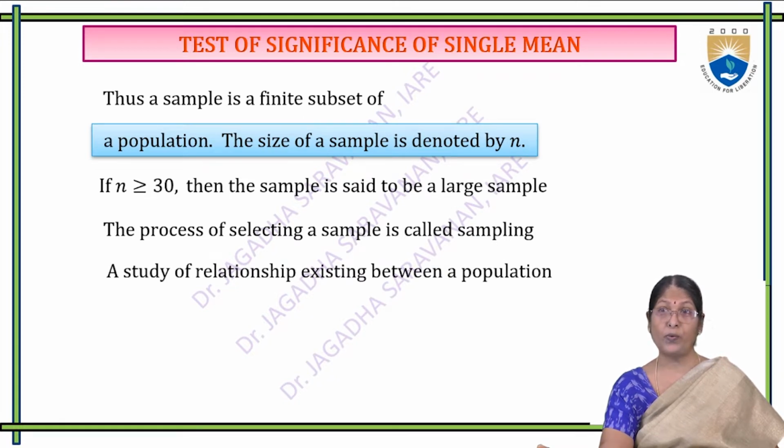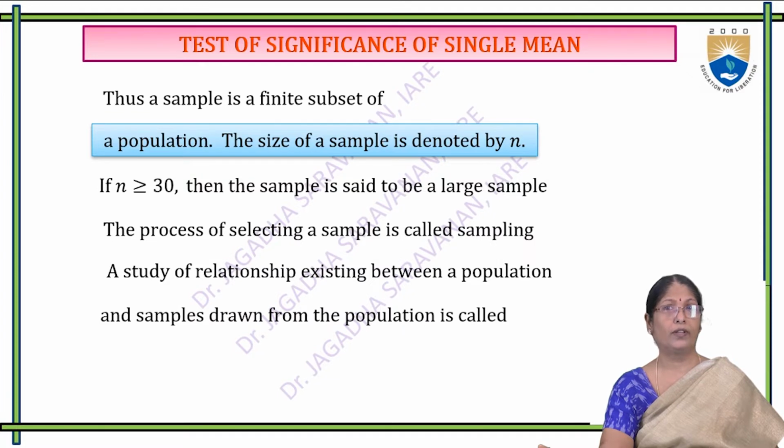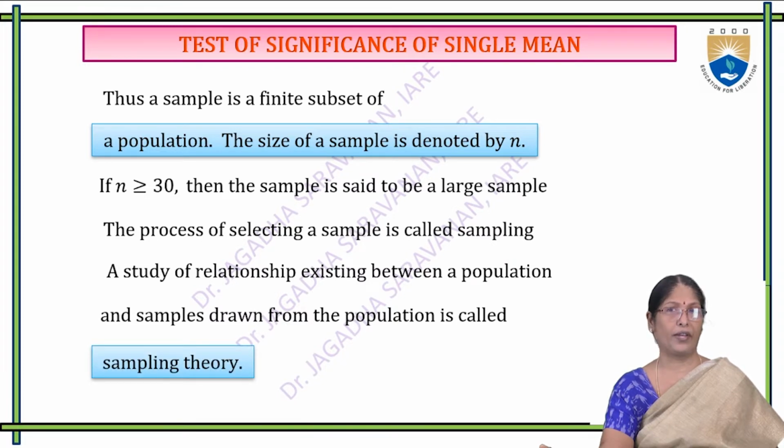The relationship between population and sample, that is, the sample drawn from that particular population, is called sampling theory. So we are going to see what the population is, what the sample is, how to calculate the single mean from the connectivity between them, and whether to accept or reject the given claim. Based on that, we are going to do many problems in this video lecture.